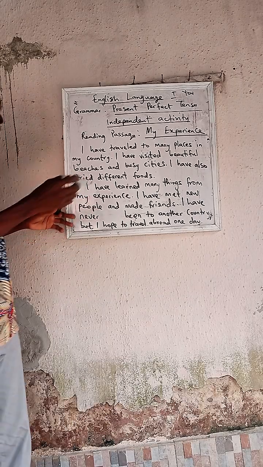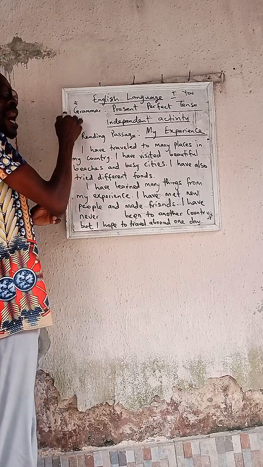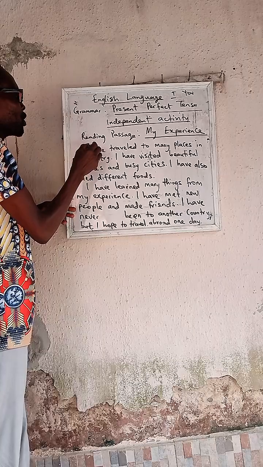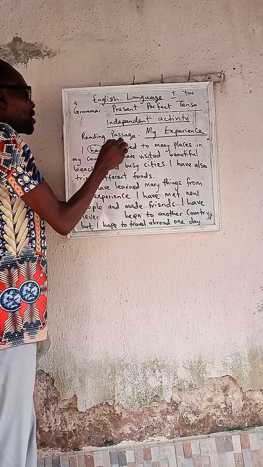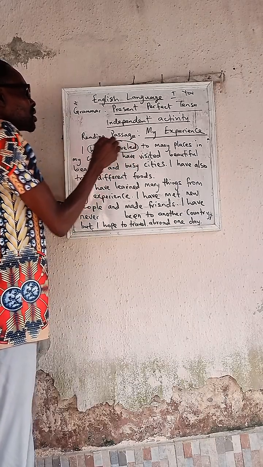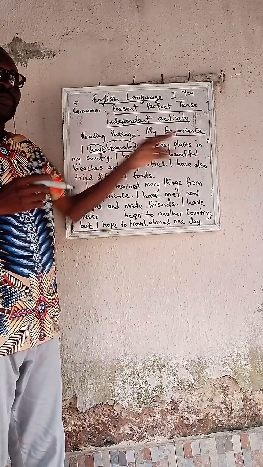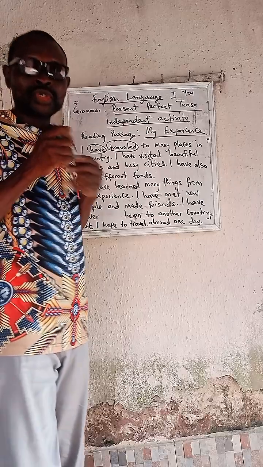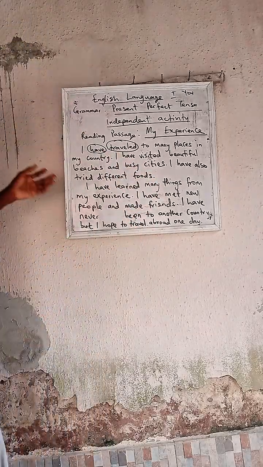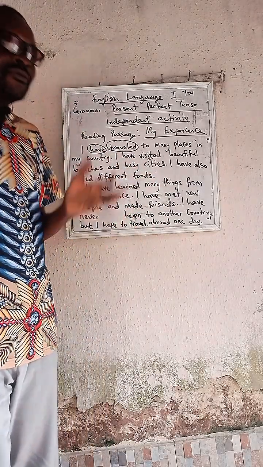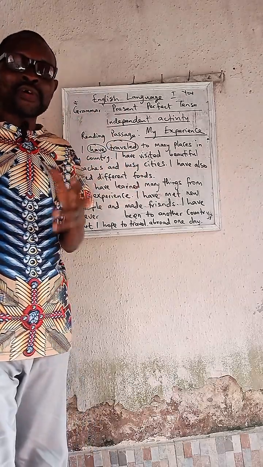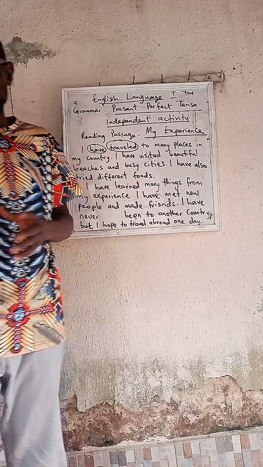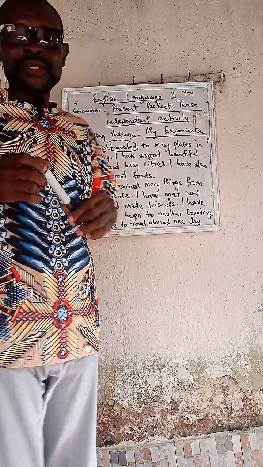Let me do the first one for you. Remember the structure: have plus past participle or has plus past participle. So we have have and the past participle form of the verb travel. That makes it present perfect tense. I have traveled. So you do the same thing. Underline or circle the have or has and the past participle form of verb in each sentence. I'll go around while you do it.